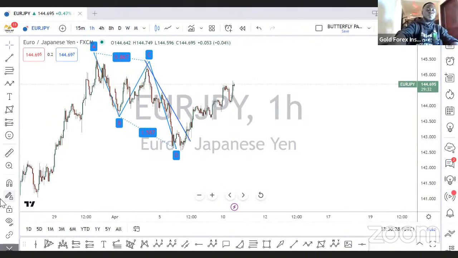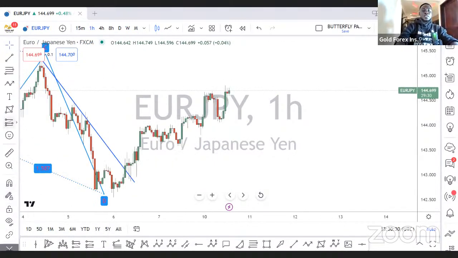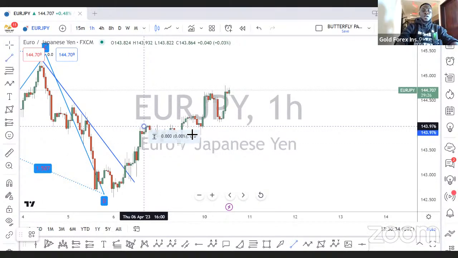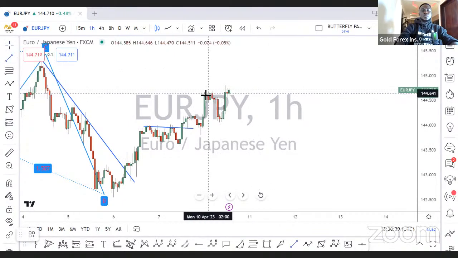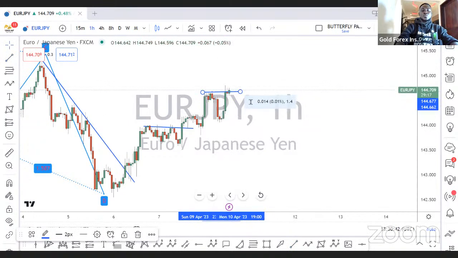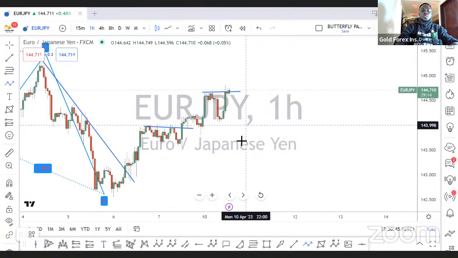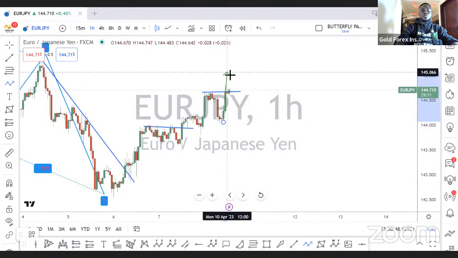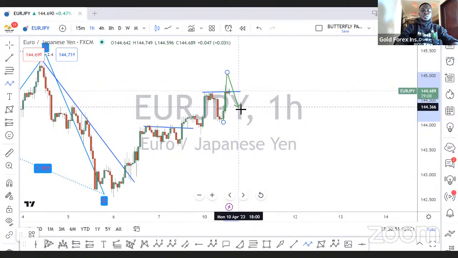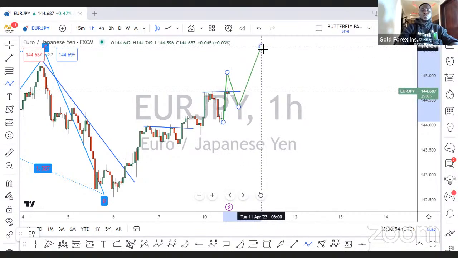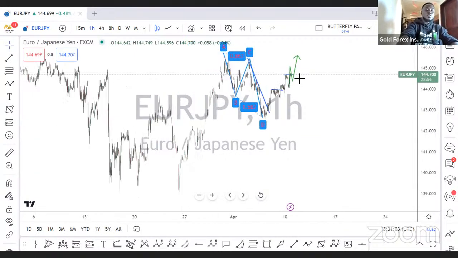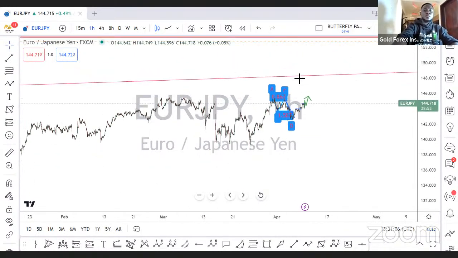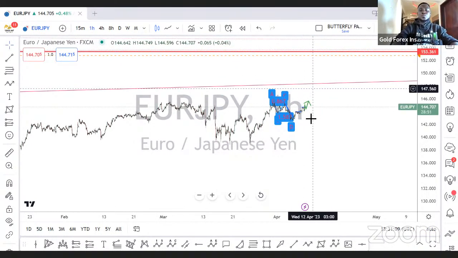But if it doesn't come, you should know that this is printing higher highs and higher lows. Or you wait for it to break and come inside and you join, which will be perfect, because once it breaks and comes inside, it will form a flag. Then you can join the buy to the upside, to this level.